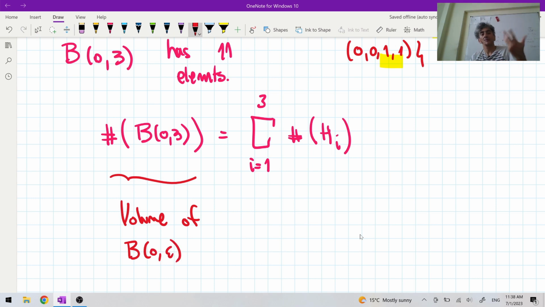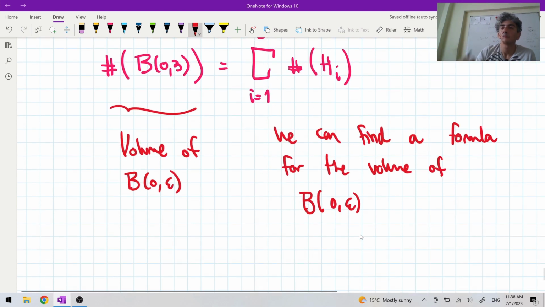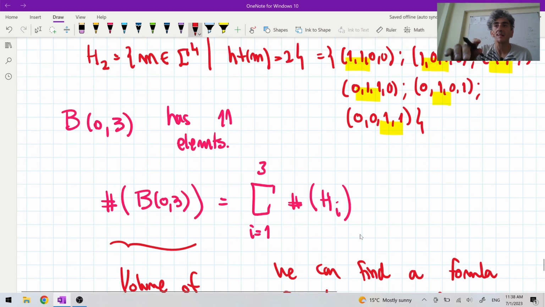And in general, we can find a formula for the volume of the ball in sigma to the n when the alphabet has size q, which is basically a counting argument, right?